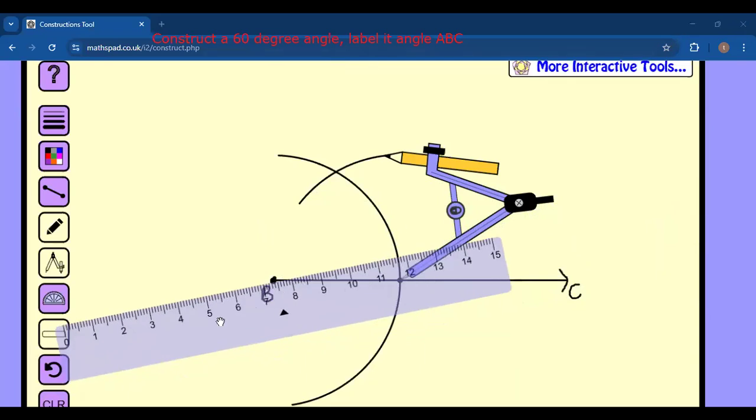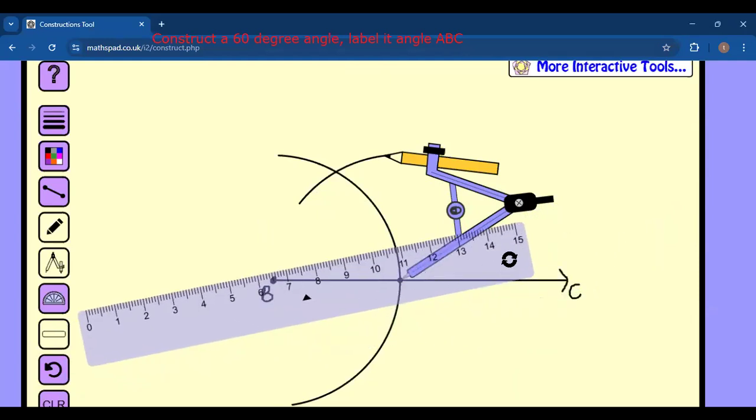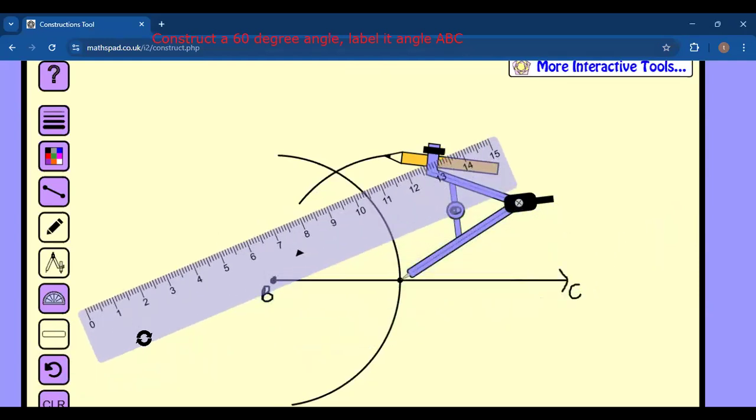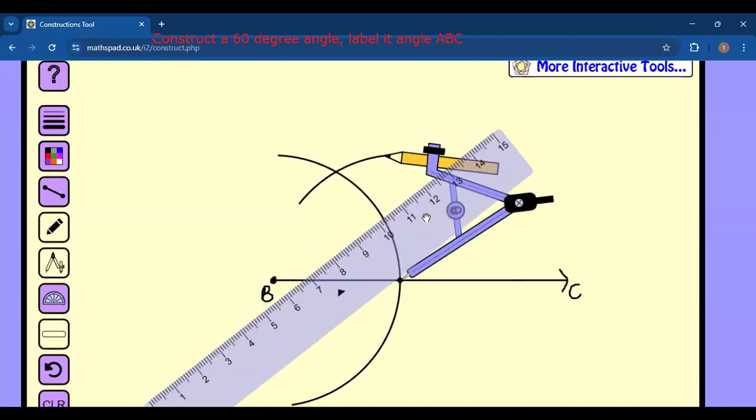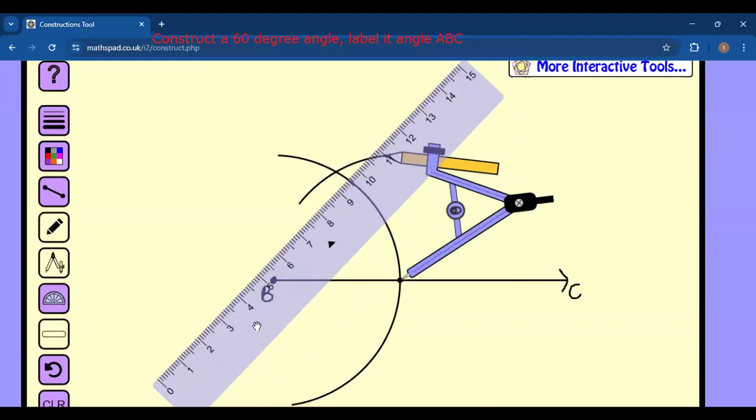All right, so what we're gonna do is do this here, put this here, and this.